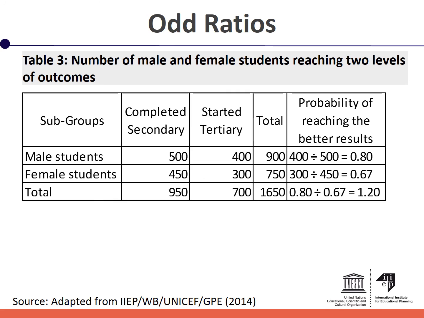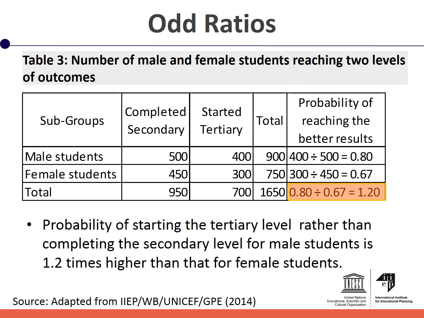Here, the male students' odds for starting the tertiary level compared to completing the secondary is 0.8, while the odds for female students is 0.67. Therefore, the probability of starting the tertiary level rather than completing the secondary level for the male students is 1.2 times higher than that for the female students. You may wish to try the odds ratio analysis using the data from your country.